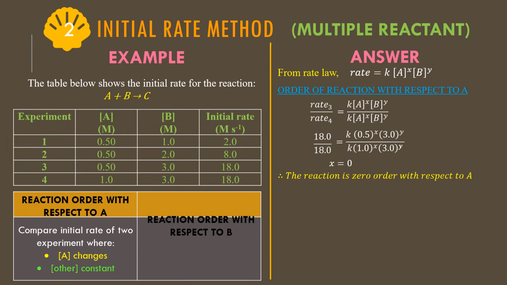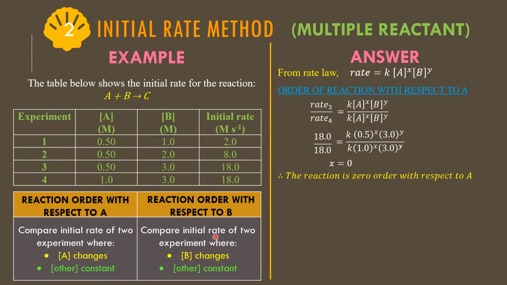Next, we want to find the reaction order with respect to B. Tips untuk cari order of reaction untuk B adalah we need to compare initial rate of two experiments where concentration of B changes but concentration of other reactant is constant. So, konsep dia macam ni. Kalau nak cari order of reaction untuk A yang berubah, yang lain constant.